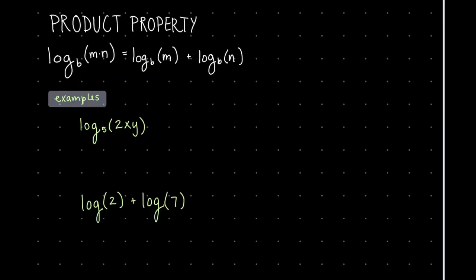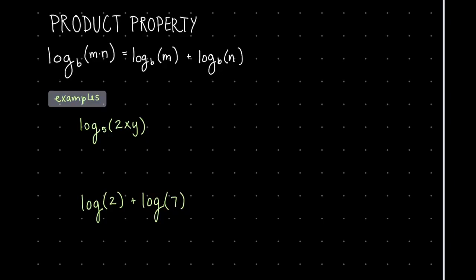So if I look at log base b of m times n, that expands to log base b of m plus log base b of n. If you have two things multiplied together inside of a log, you can expand them and have addition between two separate logs.